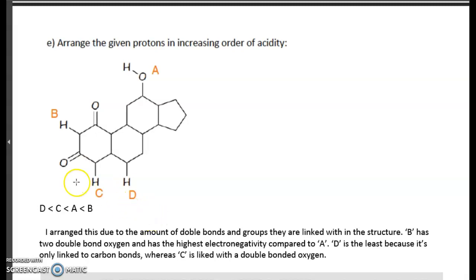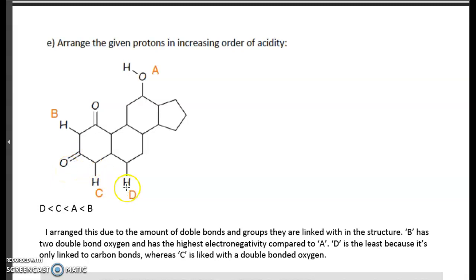C and D are low in acidity due to not having any type of double bonds compared to B and alcohol for A. But H is connected to a carbon that's connected to a double bond of oxygen.